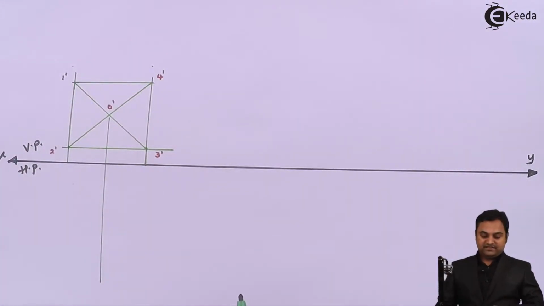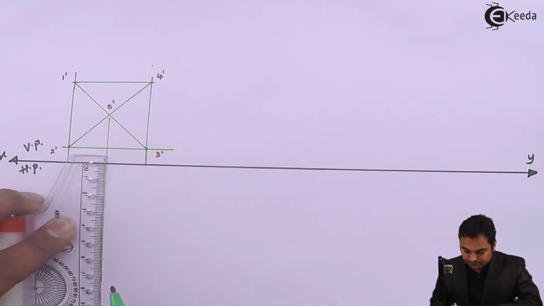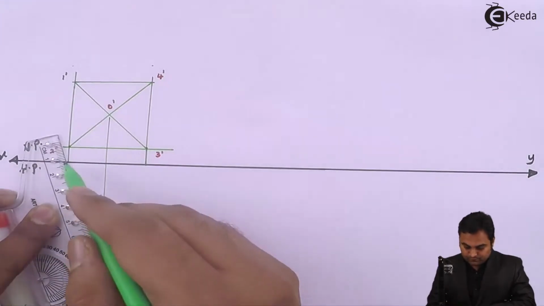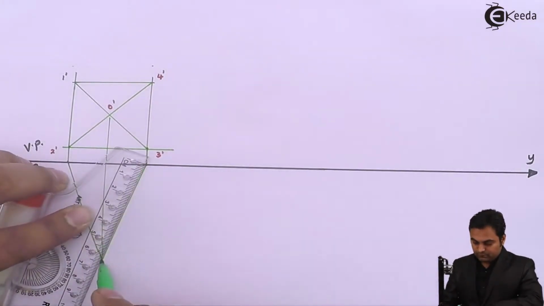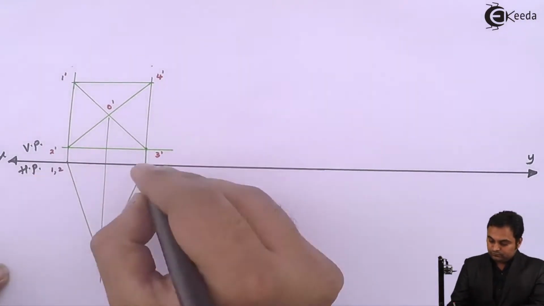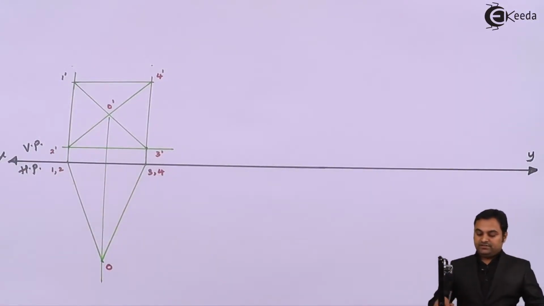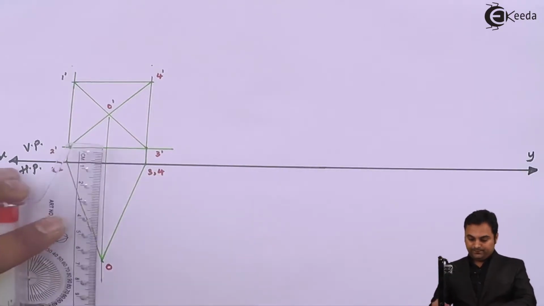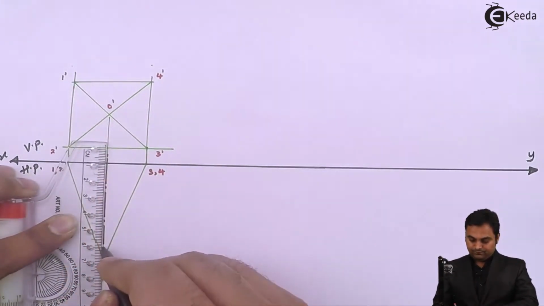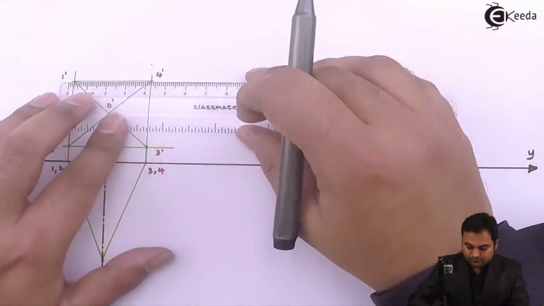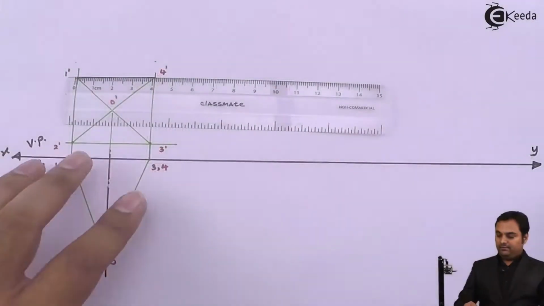Axis height is given as 60 mm. Point O is the apex. Now, since this is the initial condition, here I'll be making it dark. Now I'll make the edges dark.